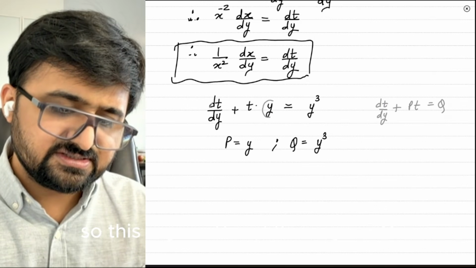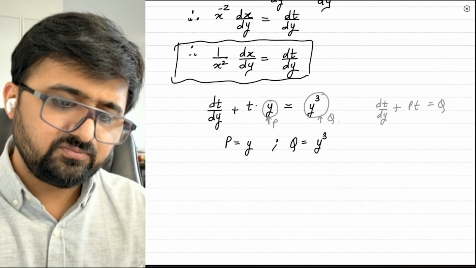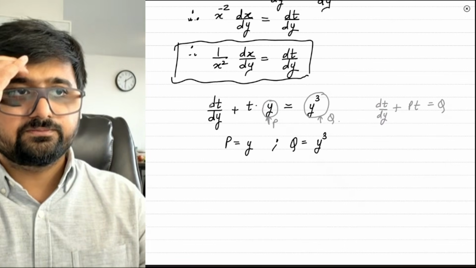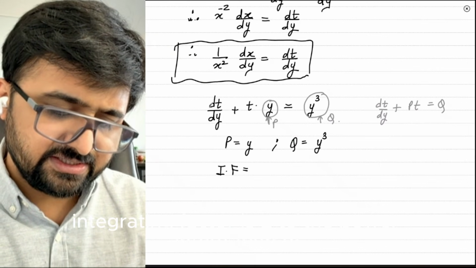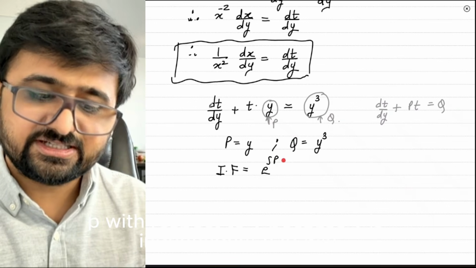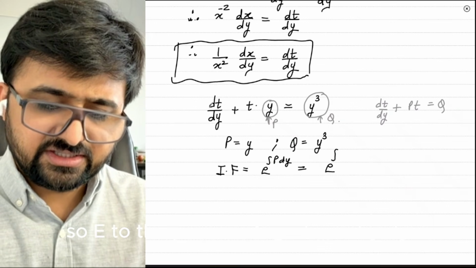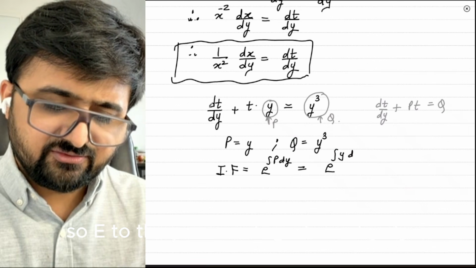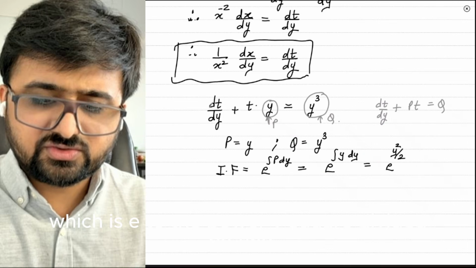Okay, so this is your p and this is your q. Now let's try to find the integrating factor. Integrating factor is e to the power integration of p with respect to y, because y is independent variable. So e to the power integration of y dy, which is e to the power y square divided by 2.